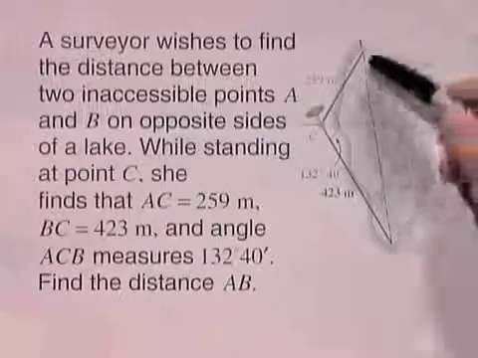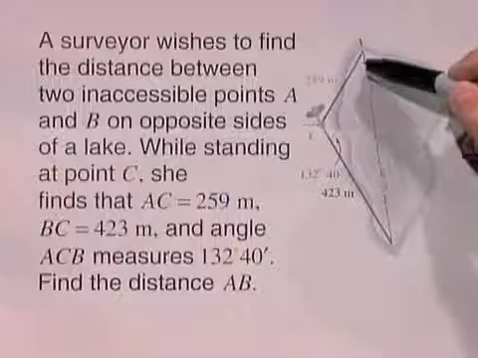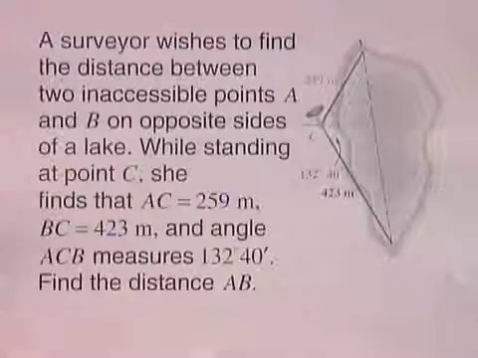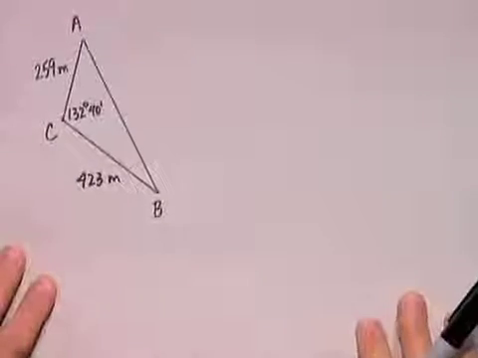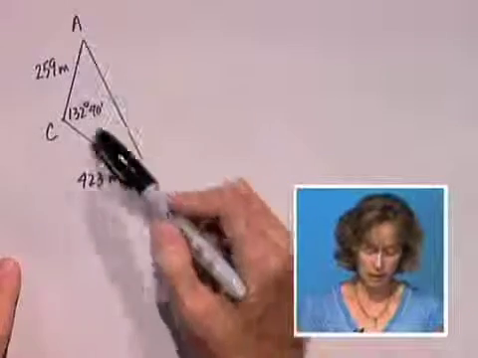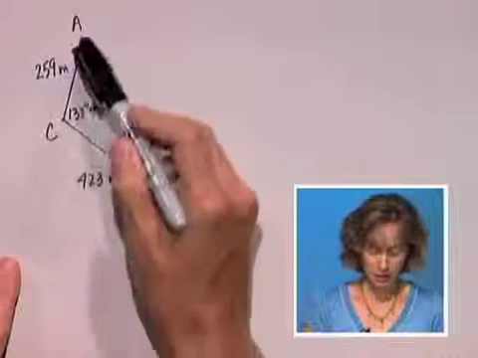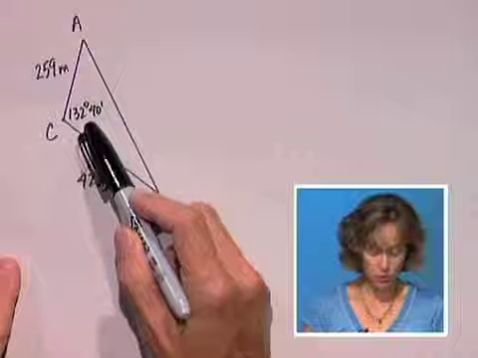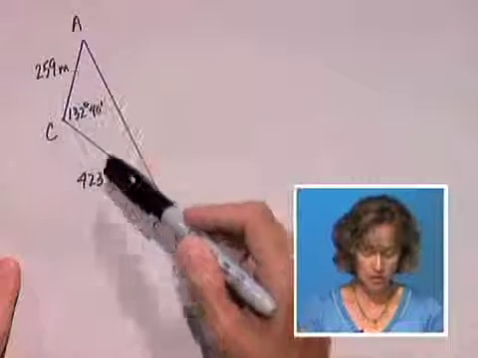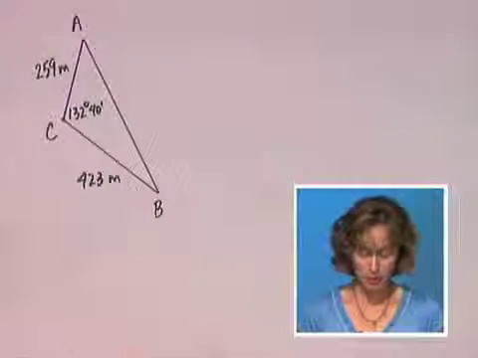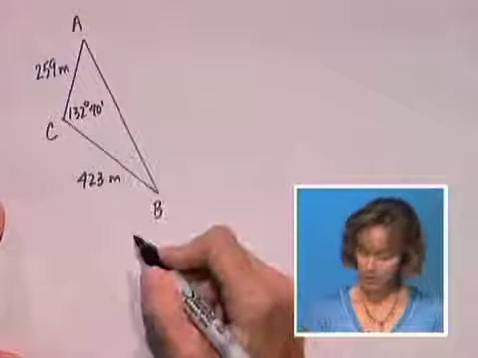Well, what I'm going to do is redraw this triangle, labeling the pertinent information. And here I have that. I have angle A, angle C, angle B. Angle ACB is 132 degrees 40 minutes. There's side AC and side CB. I'm interested in finding side AB.